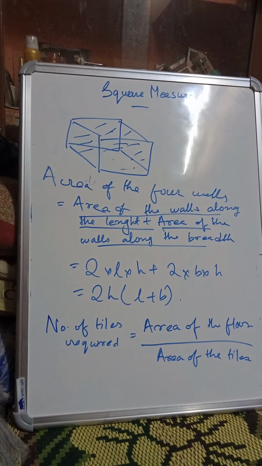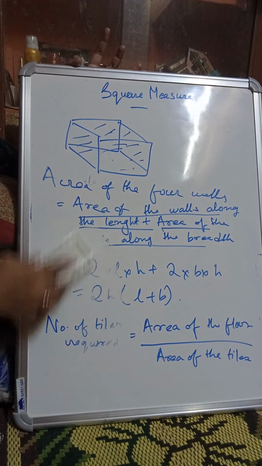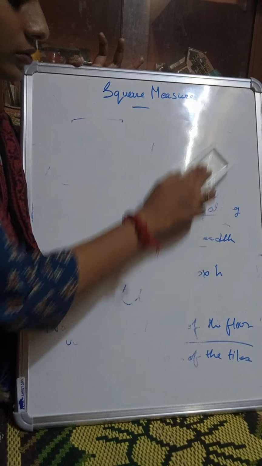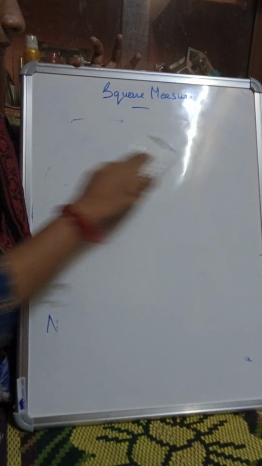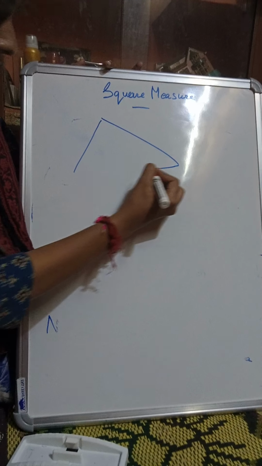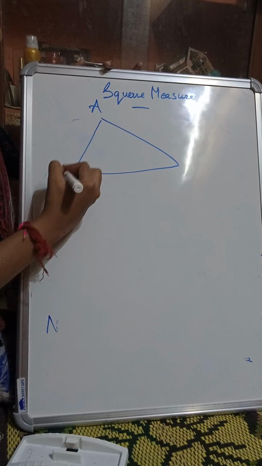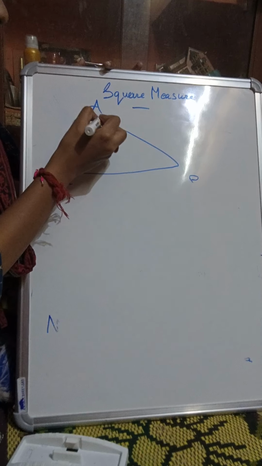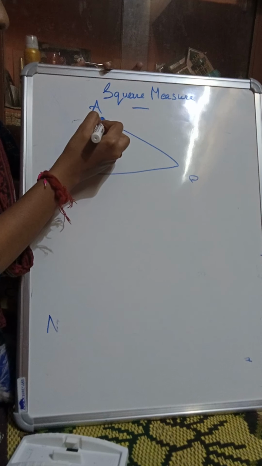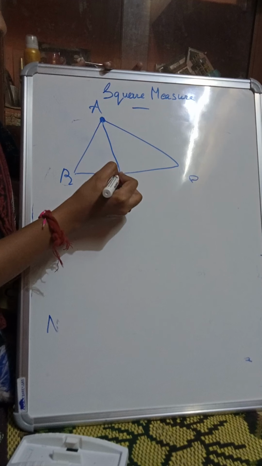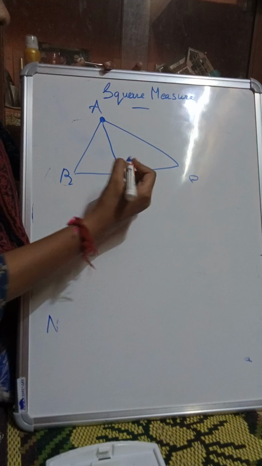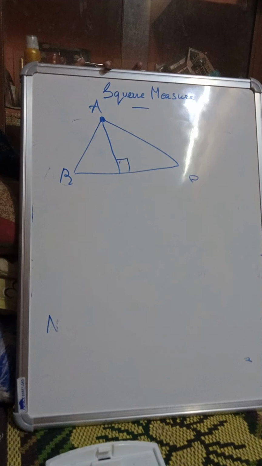Now other than this we have the triangle also. Suppose this is a triangle ABC, and if we draw a perpendicular from this point and drop it on BC, we call it the height.